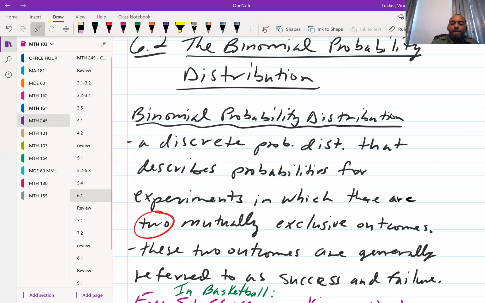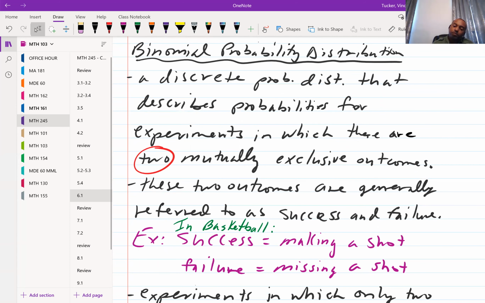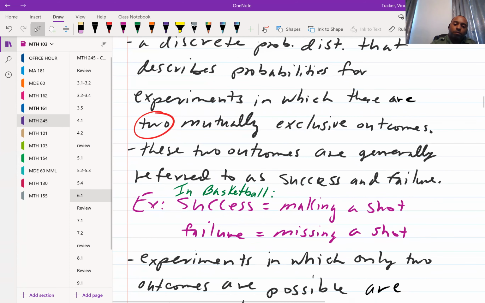All right. So just an example of that: in basketball, success would be making the shot, and failure would be missing the shot. I kind of mentioned that already, but that's it in writing.